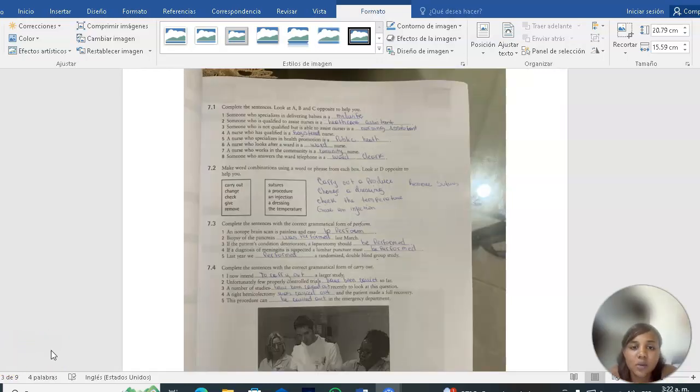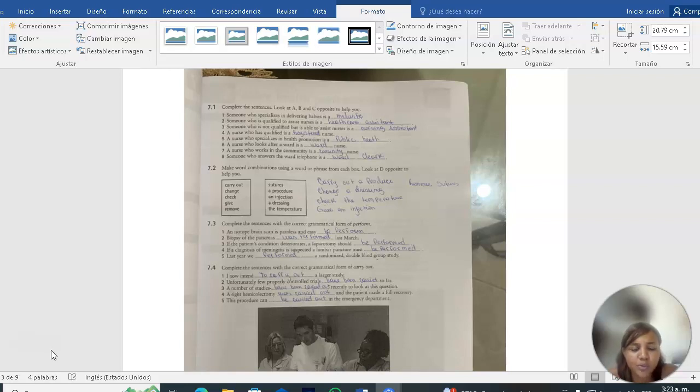Complete the sentences. Look at A, B, and C opposite to help you. Someone who specializes in delivering babies is a midwife. Someone who is qualified to assist nurses is a healthcare assistant. Someone who is not qualified but is able to assist nurses is a nursing assistant.